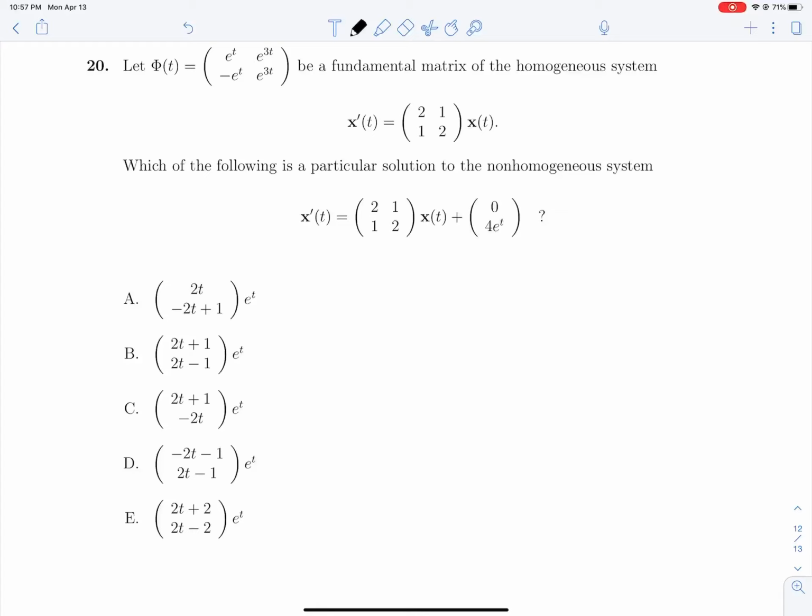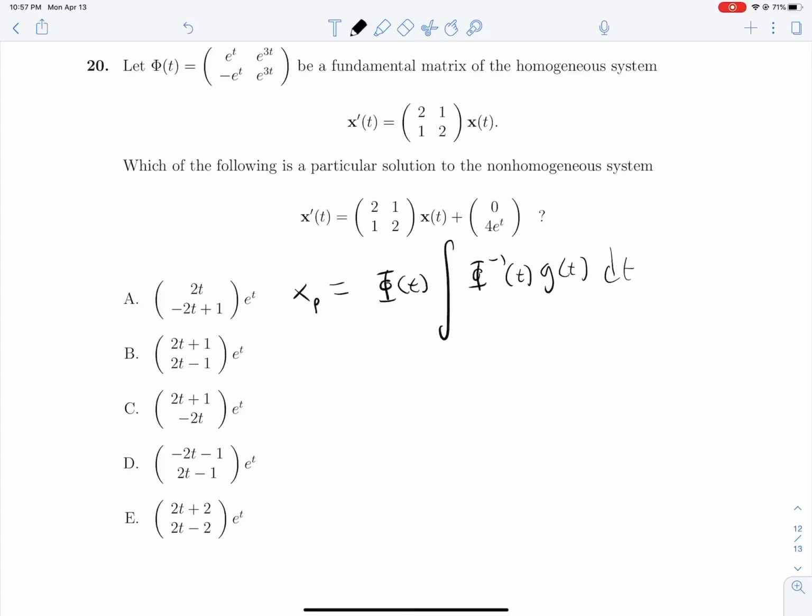So this particular solution, xp, is given by, if I can remember correctly, phi of t times the integral of the inverse of phi of t multiplied by this guy right here, I'll call it g of t dt.